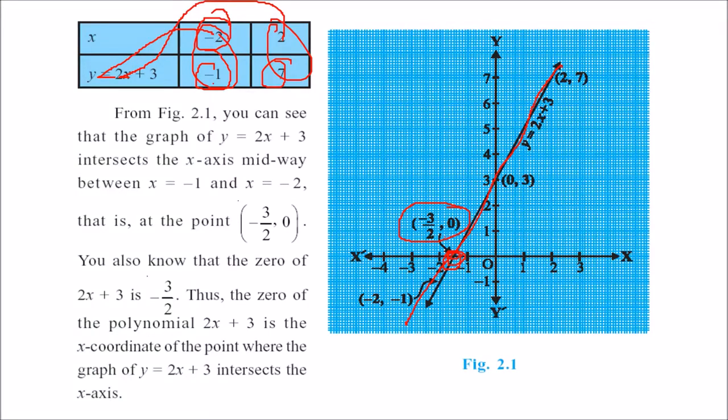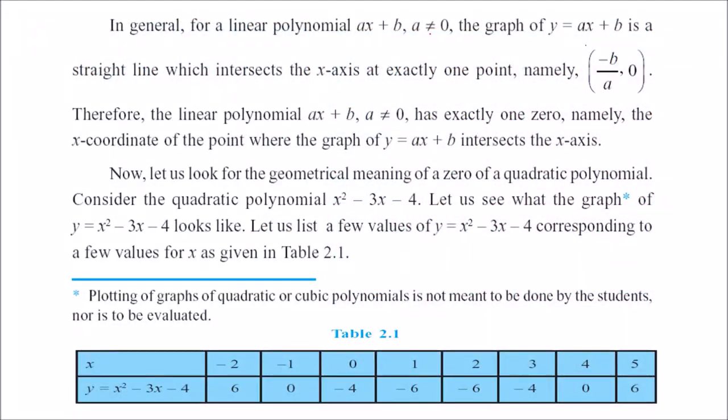So this point, where the y coordinate is 0, is the point we are interested in, and this is what we call the zero. So y is equal to ax plus b intersects at exactly one point, that is minus b by a comma 0. Now you know the zero.